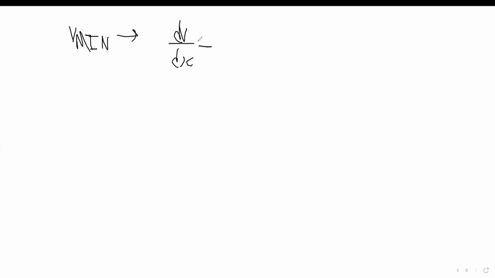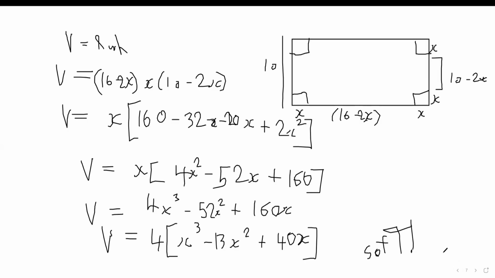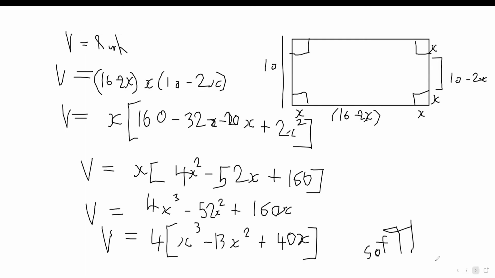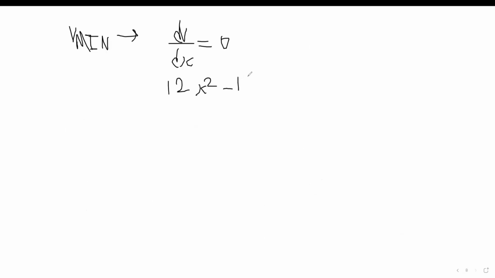So you're going to differentiate the volume formula. When I differentiate 4x cubed, I get 12x squared, minus, when I differentiate 52x squared, I get minus 104x.